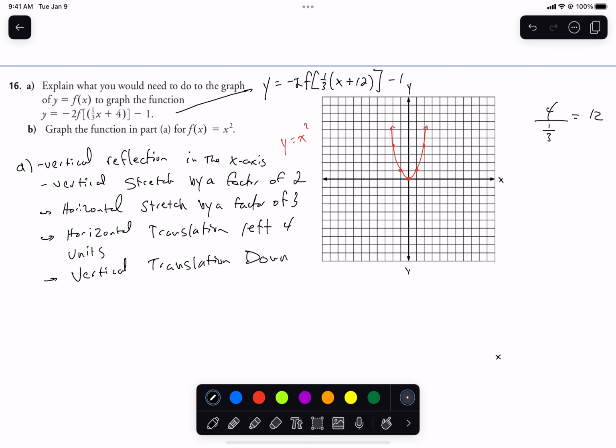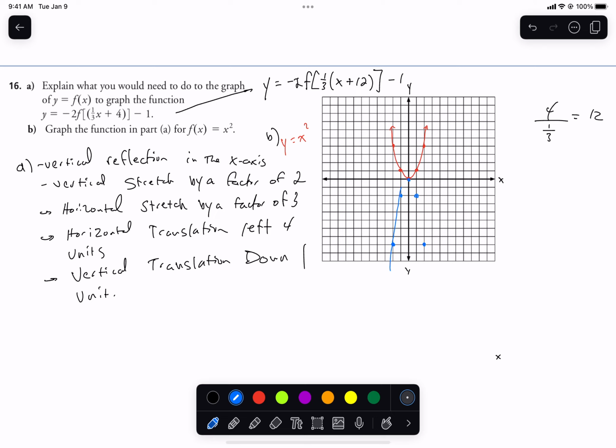For part B, we're going to take our base graph of y equals x squared and transform it accordingly. First, it's asking us to reflect and stretch by 2. That should turn into this graph here. 2, 4, 6, 8 takes me to there, and 0 stays at 0.